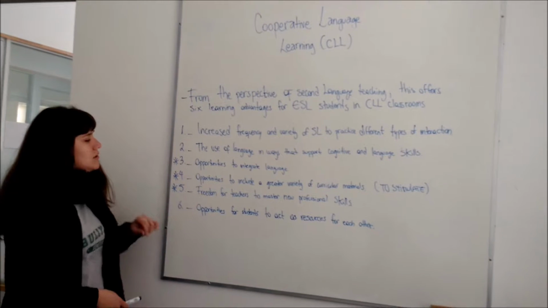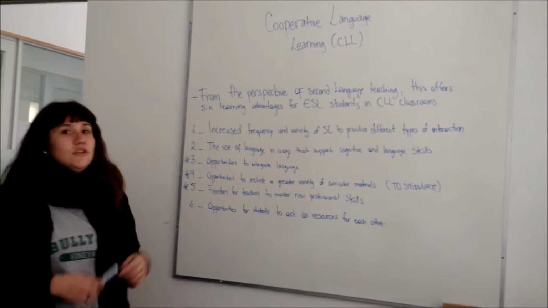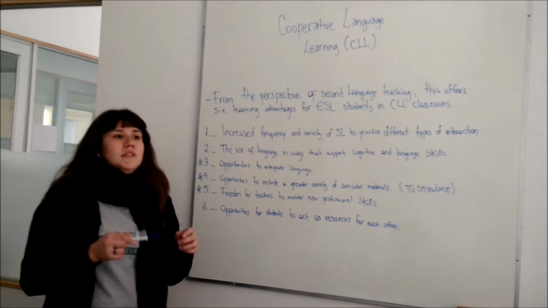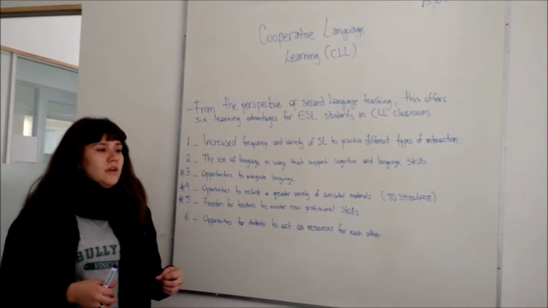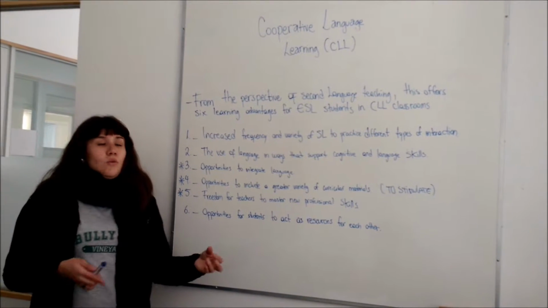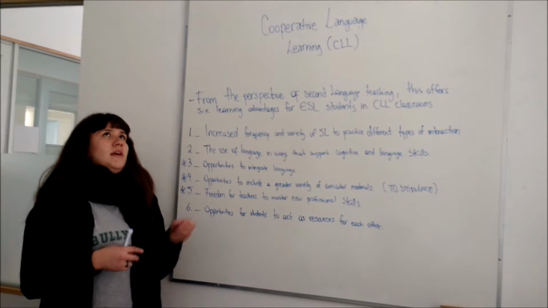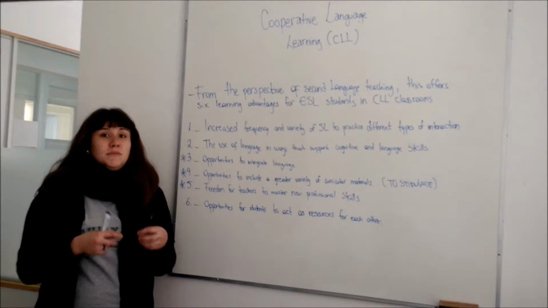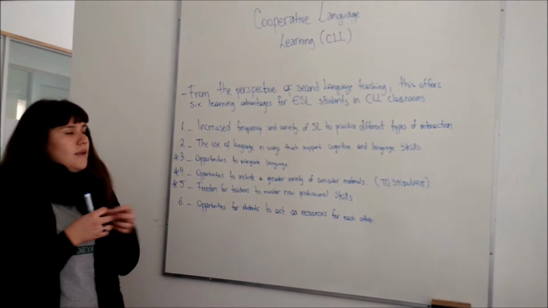Number 4 is opportunities to include a greater variety of curricular materials to stimulate. We need to stimulate everyone. And if we have children, we need to stimulate them. They are like a sponge, and they know everything.